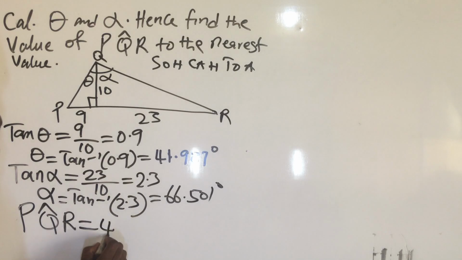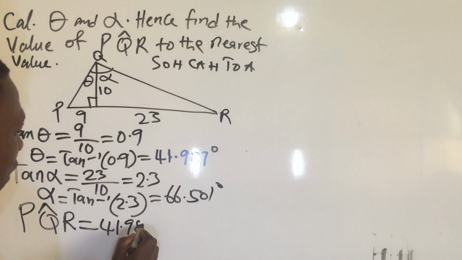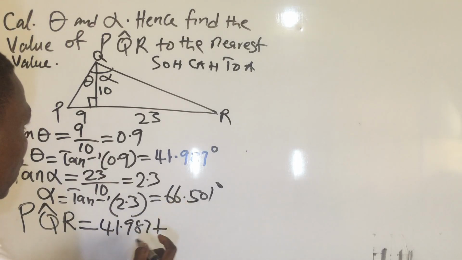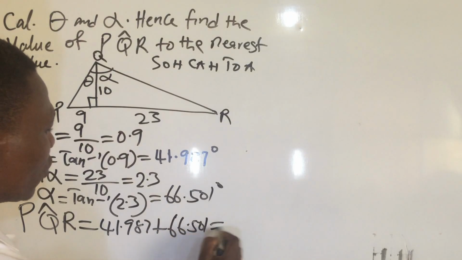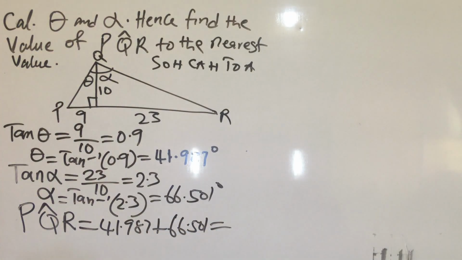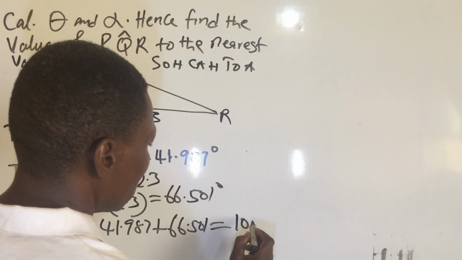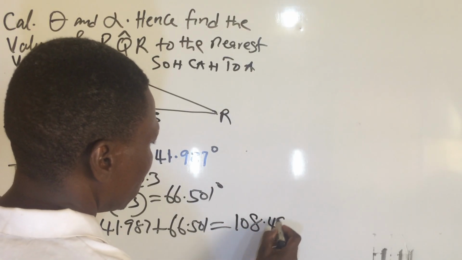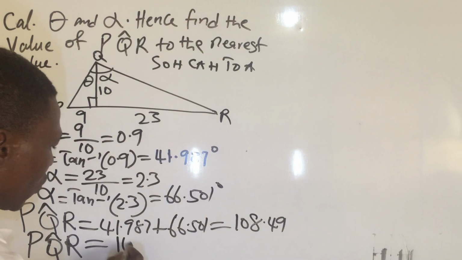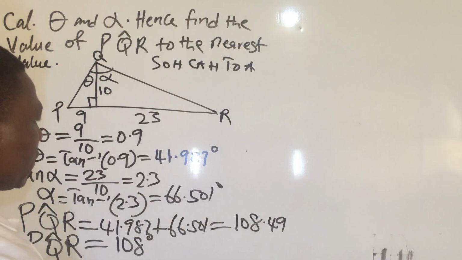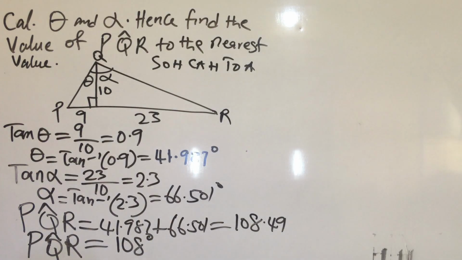Angle theta is 41.987 plus angle alpha 66.501, which will now give us what when we use our calculator? 108.49. Then to the nearest degree will now be 108 degrees. So that is the answer to angle Q.